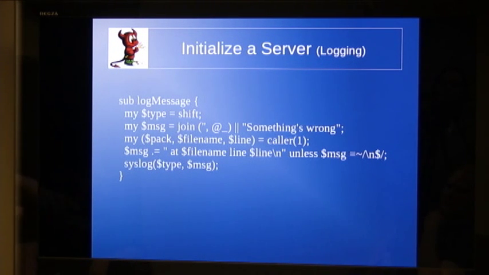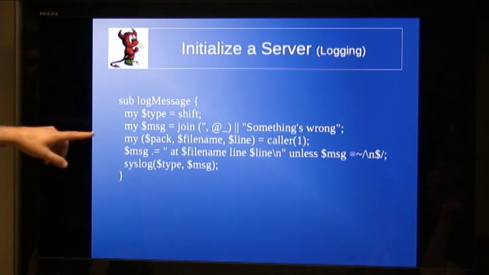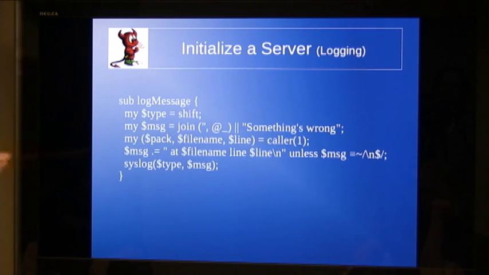And then on this line here, we follow the same kind of convention that die does. If you die with a carriage return in your error message, it does not print out the line number. Same thing here. If your error message has a \n at the end of it, we don't add on the file name and the line number. We just put in exactly what the message was. If it doesn't have that, then we add that on because it's probably an unexpected error.